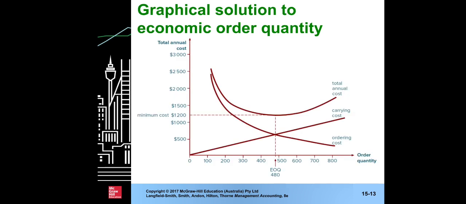So you can see here the economic order quantity in this example. I think you can see the full example in the textbook. When you use the formula, you will get that the EOQ, or economic order quantity, is 480 units. That is the order quantity and the reorder quantity.